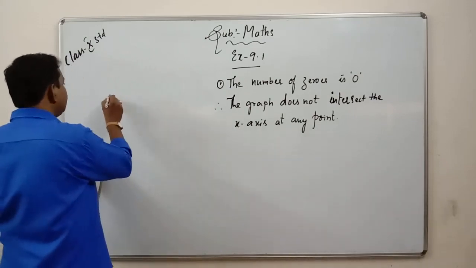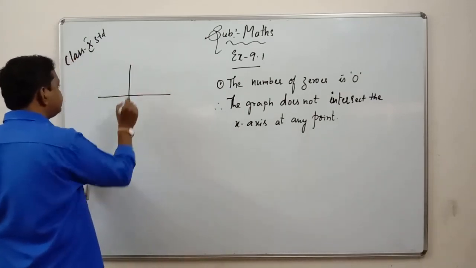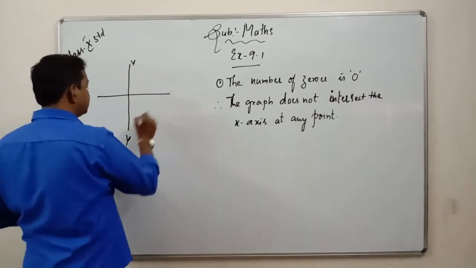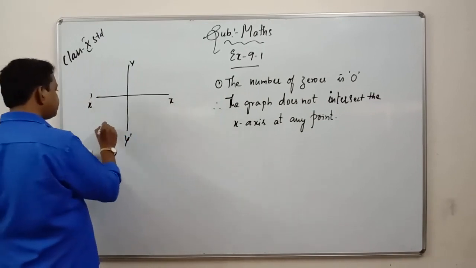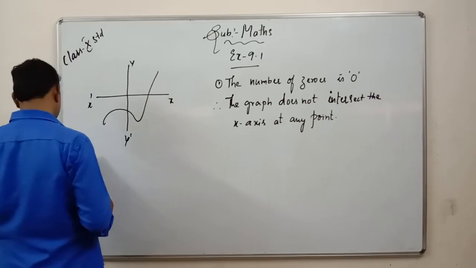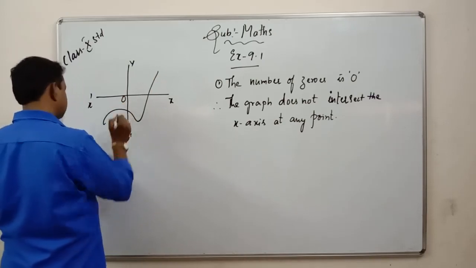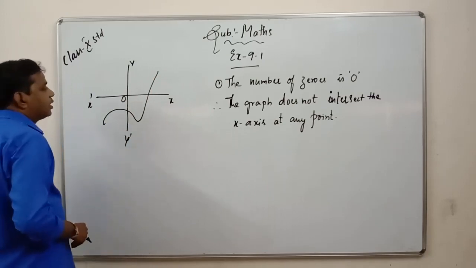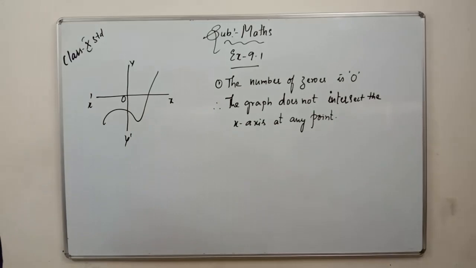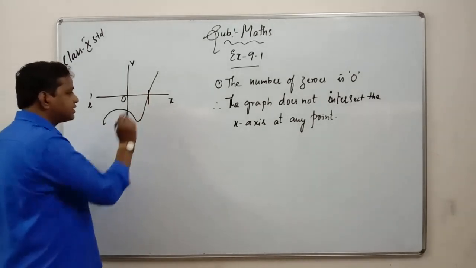What is in the second figure? Same thing he has mentioned. Y dash, x dash. Now, what is the number of zeros here? How many zeros does this graph have? You can see here the graph is intersecting the x-axis at only one point. This is the point where it is intersecting.